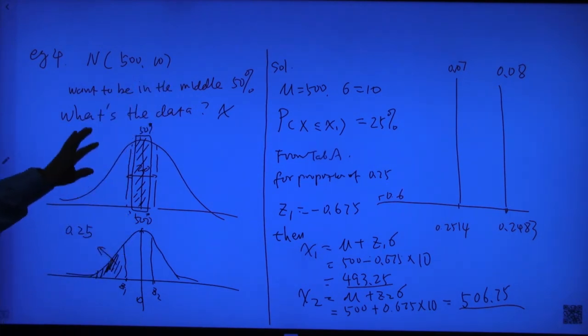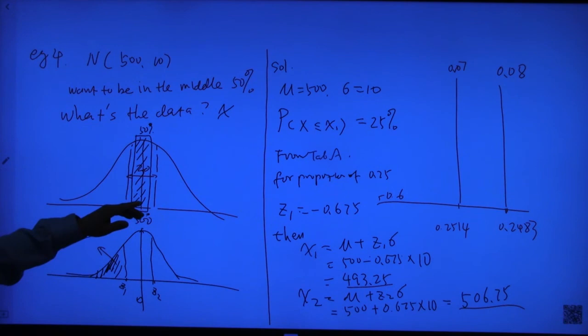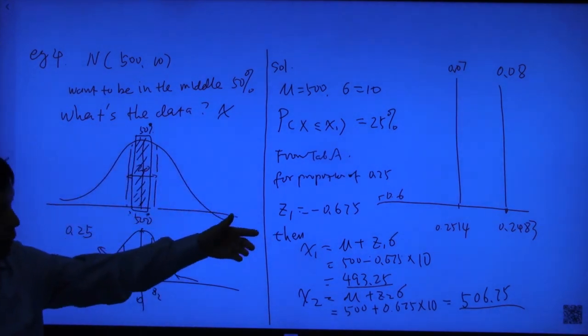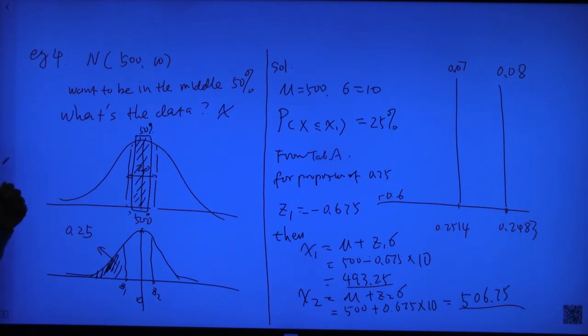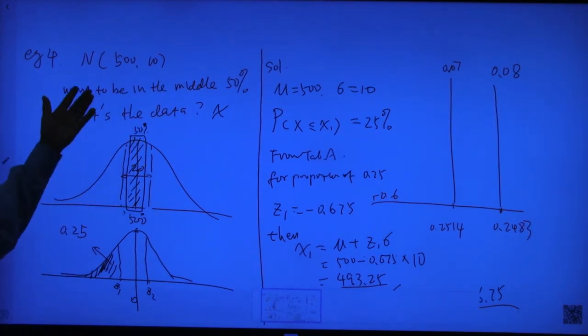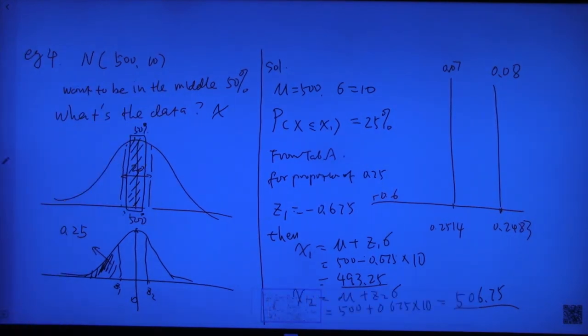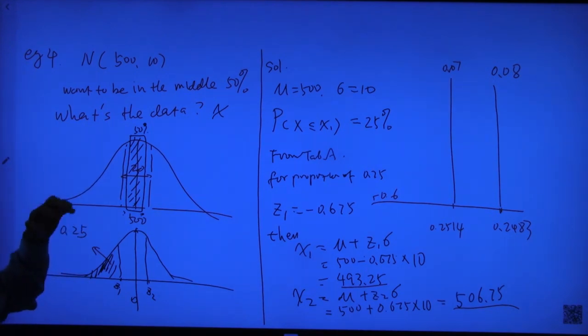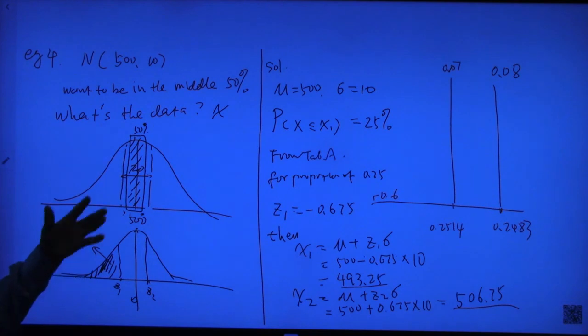You can still play with all these formulas from table A, the z-score formula, and the proportion to find the sigma. Or if you know the sigma, you can find the mean. In this problem, we have several variables. If we know all the others, we can find the remaining one.